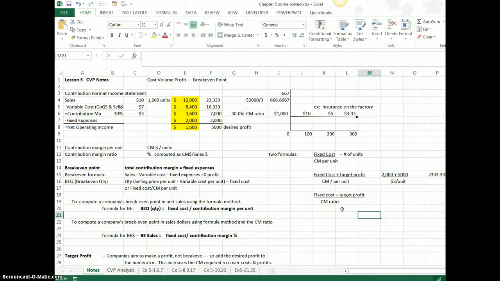If I do the ratio, the answer will give me the target profit in sales dollars, because I used a ratio, not a per unit. When I use per unit, it gives me an answer in units.